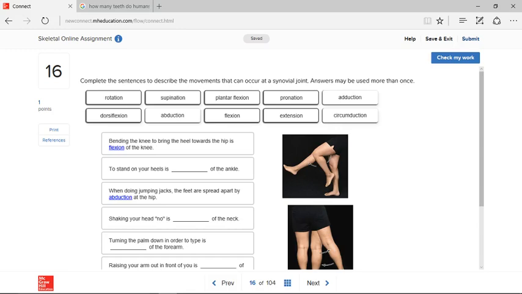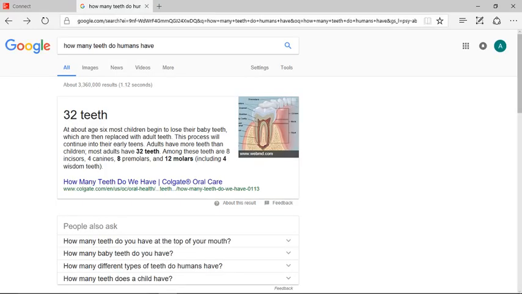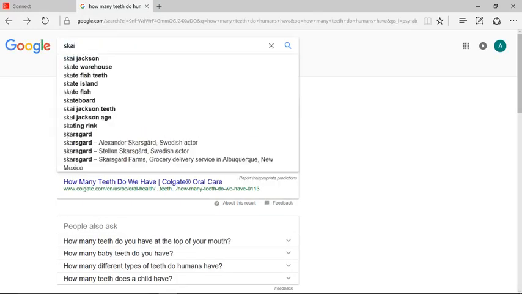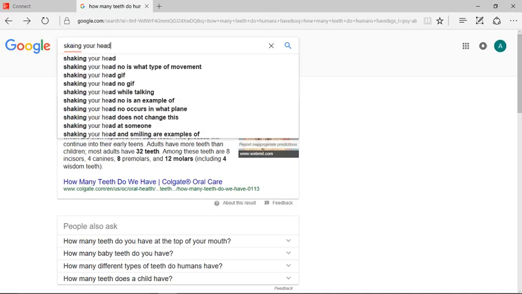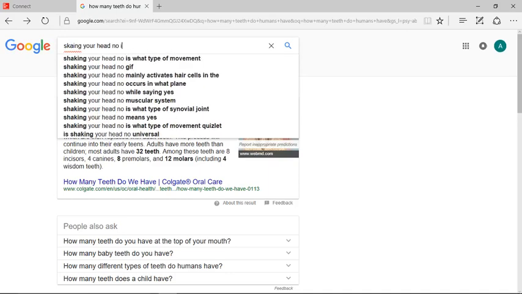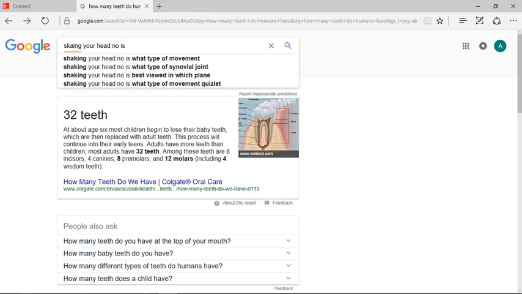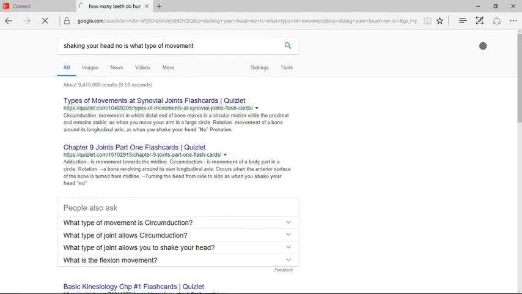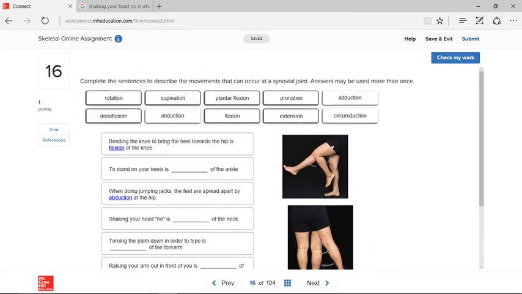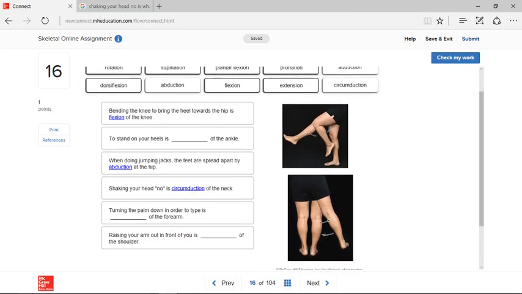Now I'm going to have to Google this one because, man, shaking your head no is what type of movement? The circumduction. So, alright. Circumduction, where is that? I had to phone a friend right there.